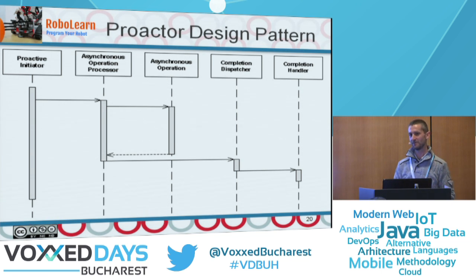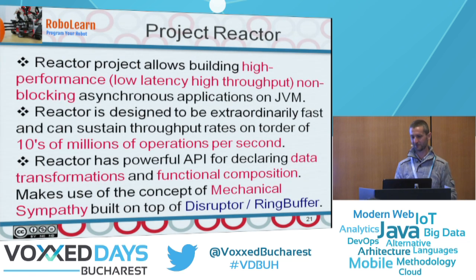If you have them on a single thread, they will block that thread and the performance will not be good. Actually, both patterns, Reactor and Proactor, are supported by the Reactor library. And you can see it's quite performant, tens of millions of operations per second, at least what you can see on the Reactor's website. I did not make the tests.